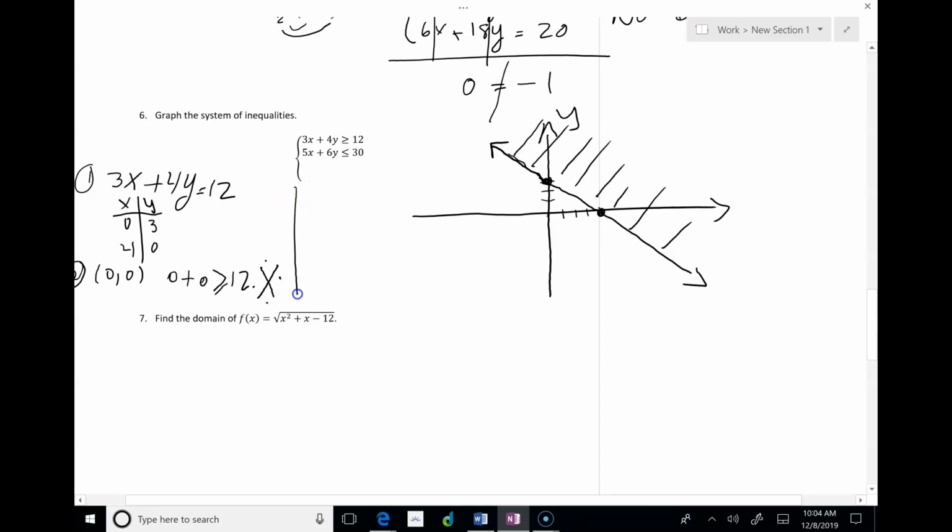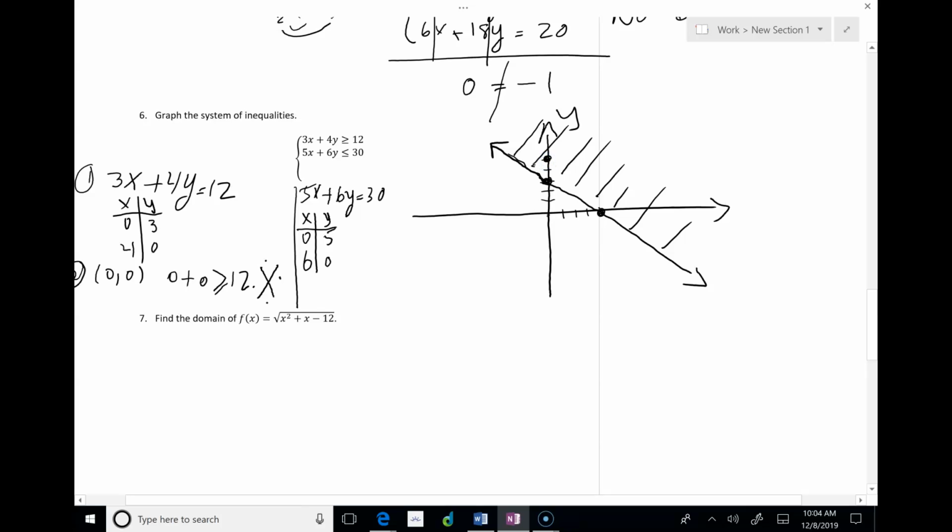Now you graph the second one. That's 5x plus 6y equal to 30, same steps. When x is 0, y is 5.